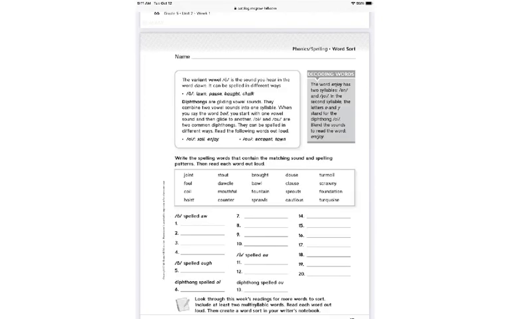Another thing we are going to complete today is our spelling word sort. We talked about our concept yesterday, but I do want to review just so you are fully aware of what you're doing. The first sound we have on our list is a variant vowel, and it sounds like ah.